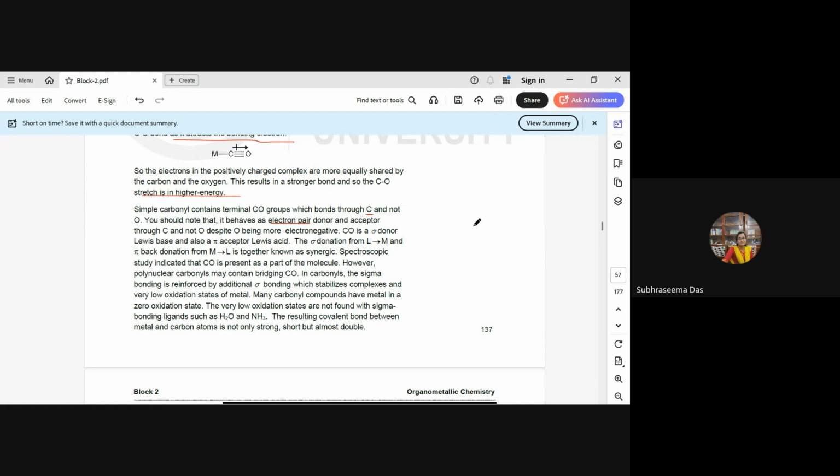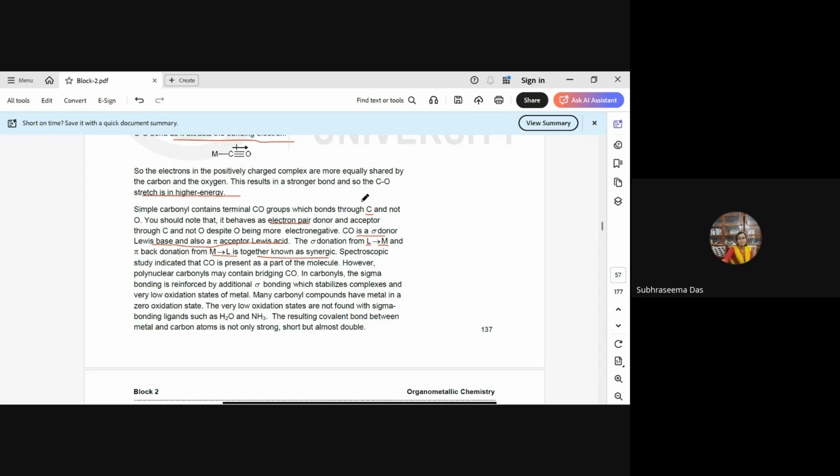So in general we can say that the carbon monoxide molecule, or the carbonyl group, is a sigma donor Lewis base and a pi acceptor Lewis acid. Now, this sigma donation from L to M, where L represents the ligand and M represents the metal, and the pi back donation from the metal to the ligand are together known as synergic bonding.